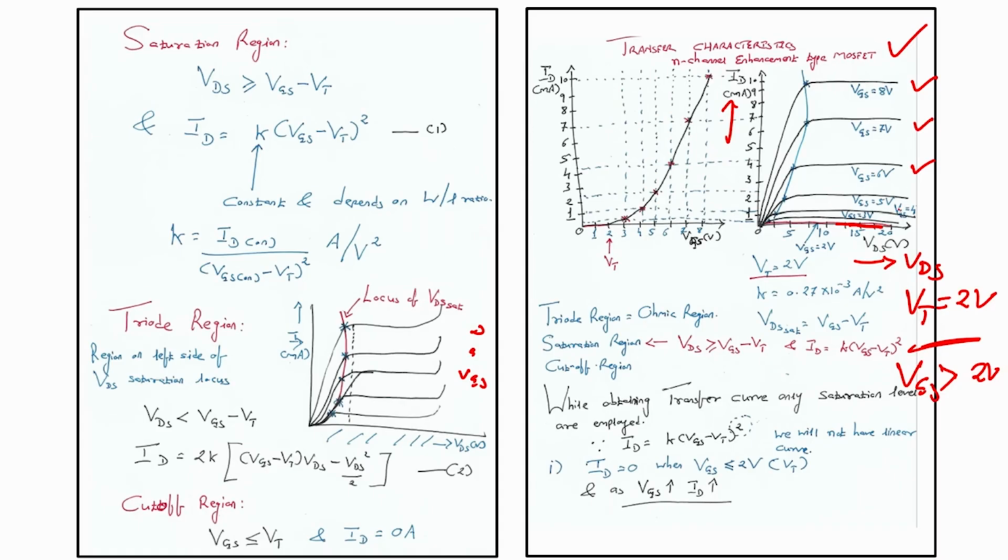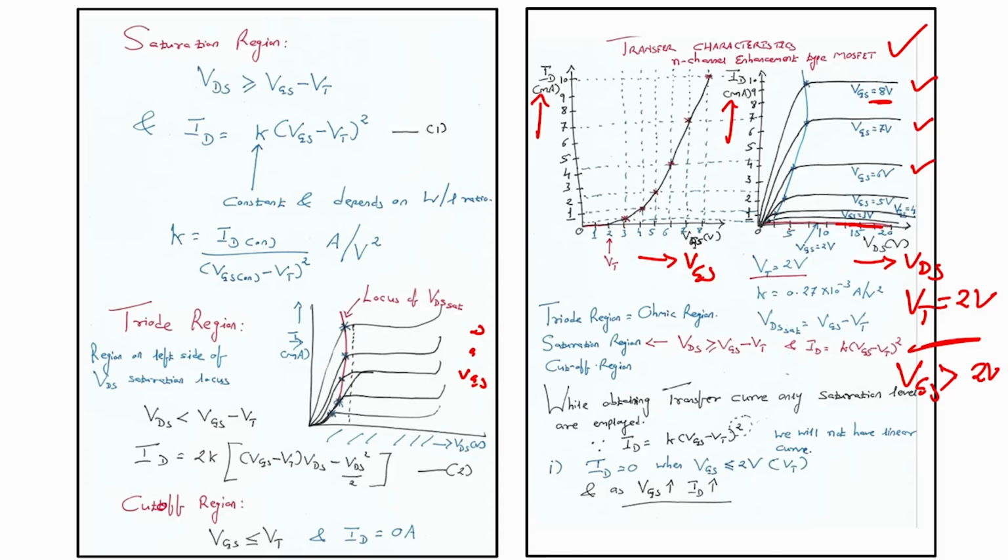If I want to draw the transfer characteristics, it is very easy. You have to draw ID versus VGS. Now, you write down the values of VGS from 0 to how much you have applied, 8 volts. So, 0, 1, 2, 3, 4, 5, 6, 7, 8. Then you connect this VGS value, this 0 value.